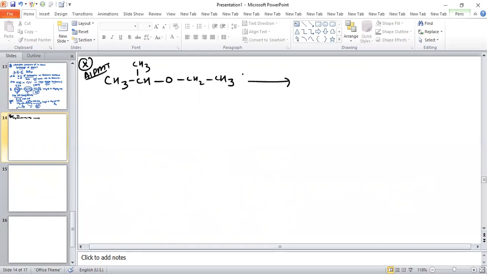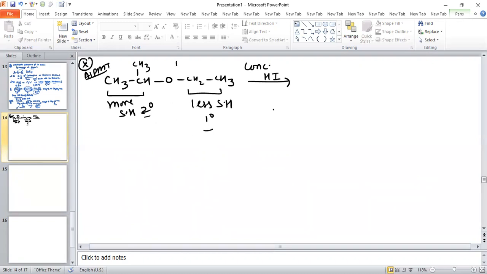When this compound reacts with conc HI, now see, this part is less sterically hindered, this part is more sterically hindered, and this is 2 degree and this is 1 degree.